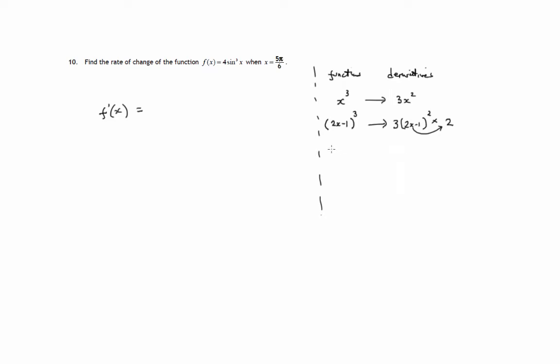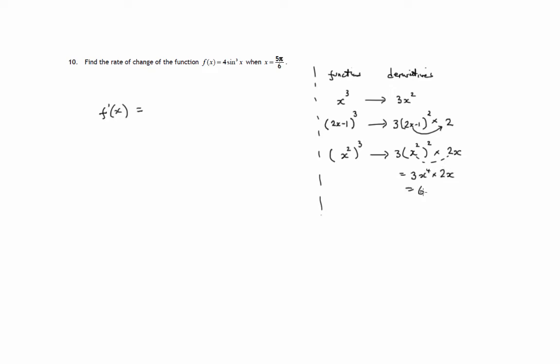If we, for instance, had x squared cubed, we would have 3 lots of that squared times whatever you get when you differentiate that x squared, which would be 2x. This is quite an interesting one because we can simplify this into 3 lots of x squared times x squared is x to the 4th.